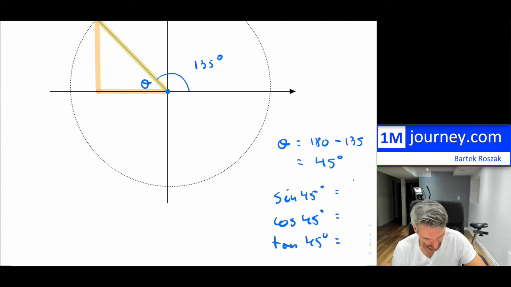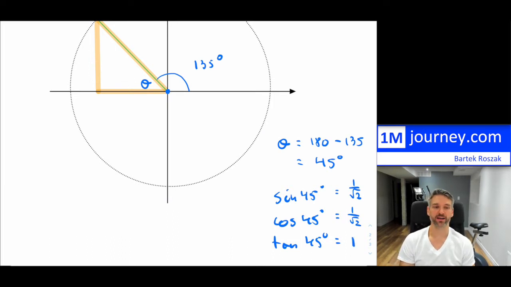The answer's here, if you don't remember. So it's 1 over square root of 2, and so on, and then tangent is just 1. So I'm not going to go over why that's the case. You can just go back to that link if you want. But these are clearly the definitions of sine of 45, cosine of 45, and tangent of 45.